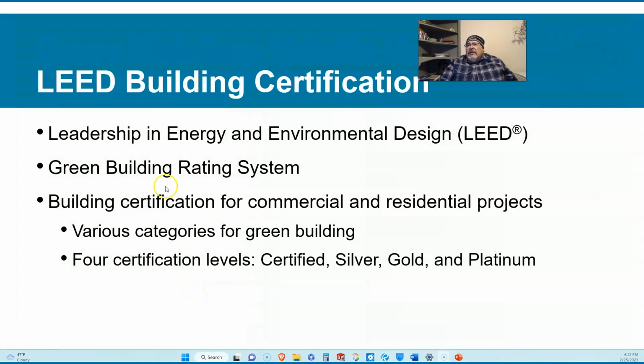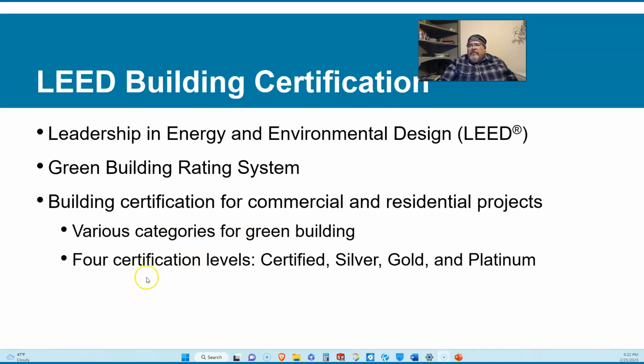LEED building. LEED is Leadership in Energy and Environmental Design. So a building could be a LEED design building, meant to be greener, meant to provide some assurances that categories for green building are being used, and it's measurable.